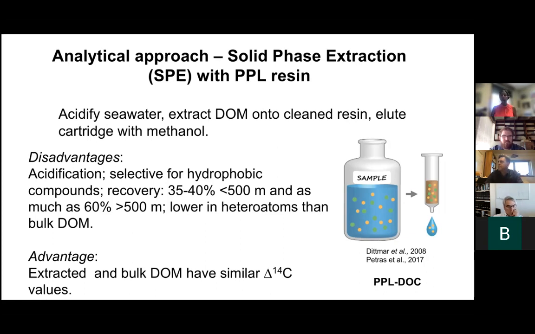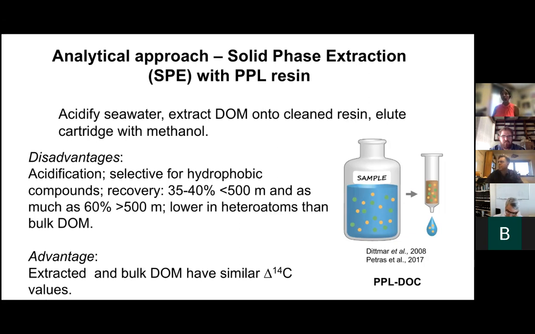The advantage in the context of the radiocarbon work is that despite the fact that it's only 40% efficient in the surface ocean, and chemically selective, the radiocarbon content of this extracted component mirrors the bulk component throughout the water column.